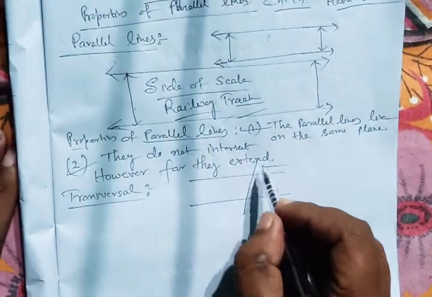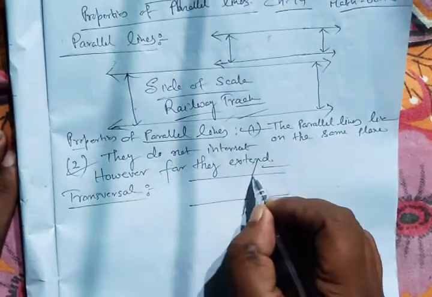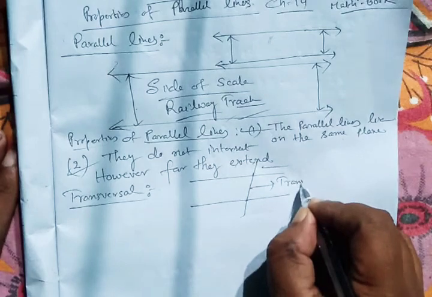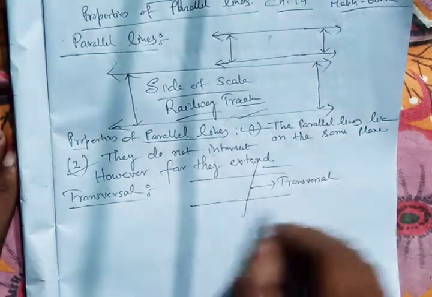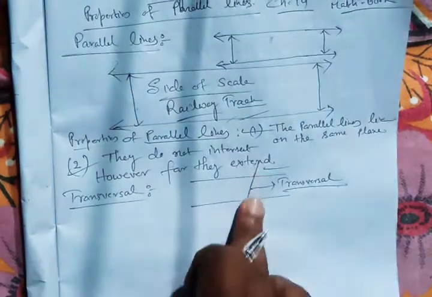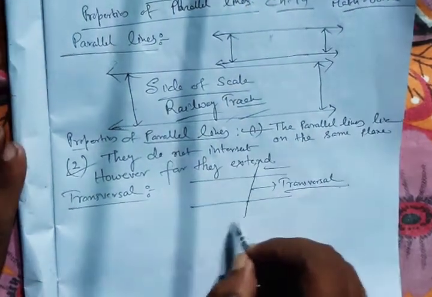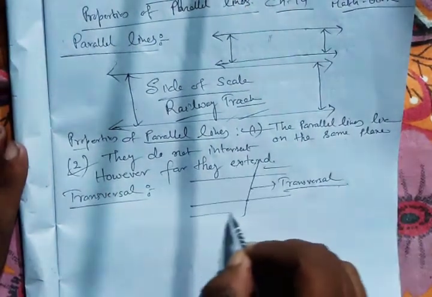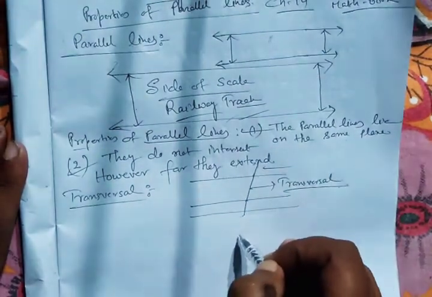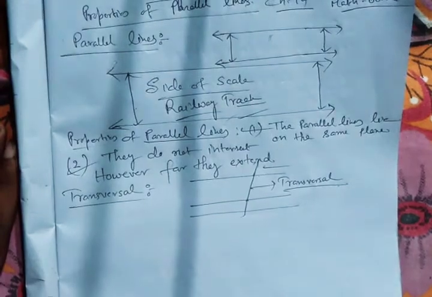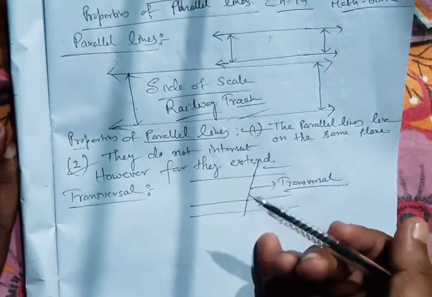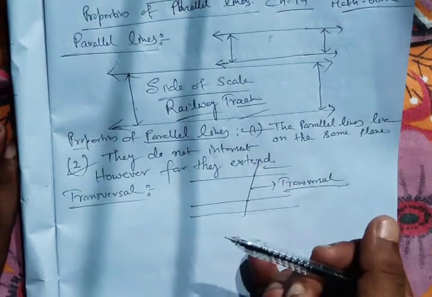This line intersects these two lines at two distinct points, so this is called the transversal of these two lines. Now, if there is one more line here, then this is the transversal of these three lines. So a transversal can intersect two lines, three lines, or more than three lines. Understood?